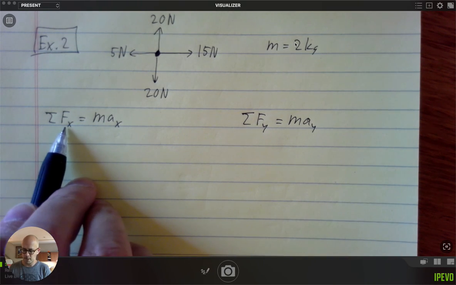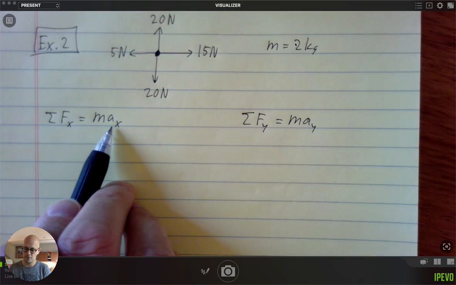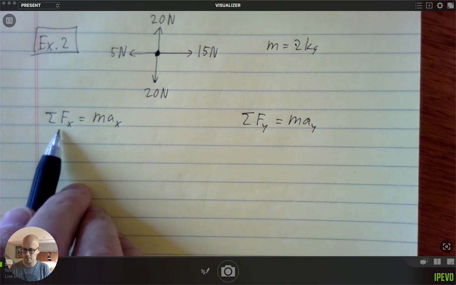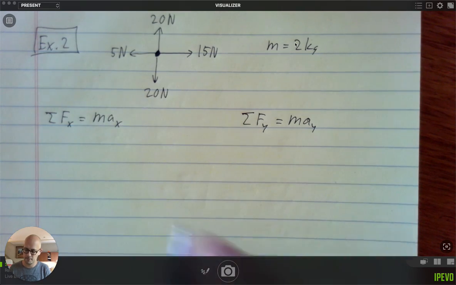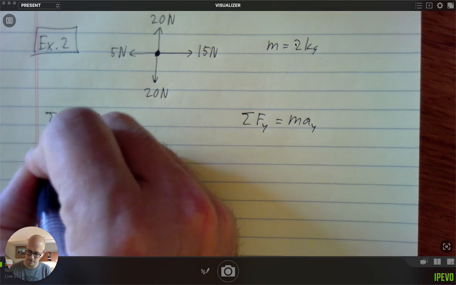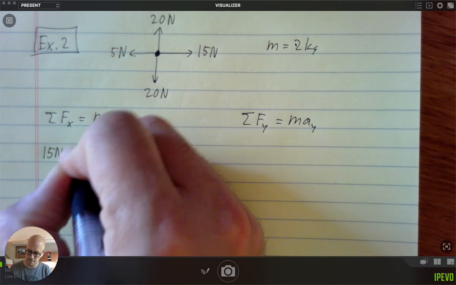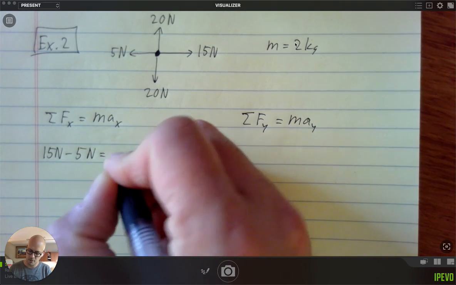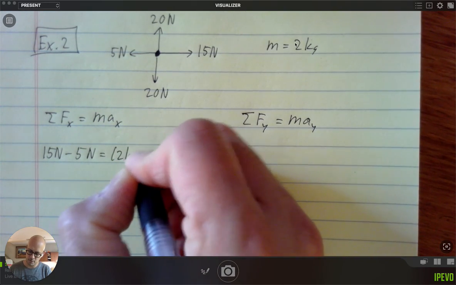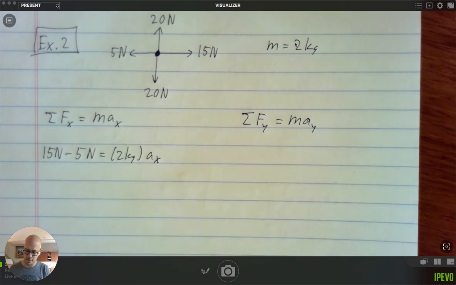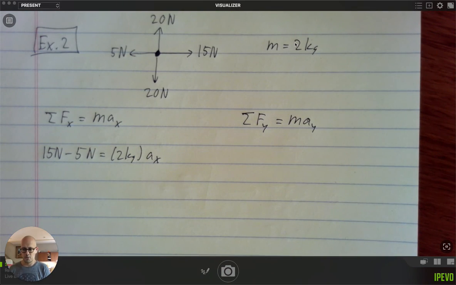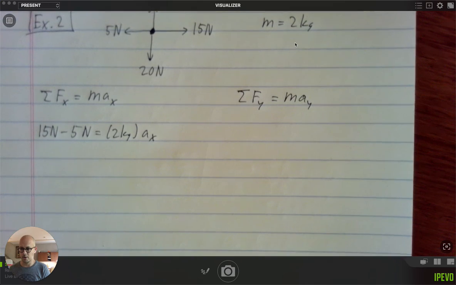Net force in the x direction equals mass times acceleration in the x direction. Net force in the x direction is right minus left. So I can go 15 newtons minus 5 newtons equals 2 kilograms times that acceleration. And so I can now solve this equation for acceleration.